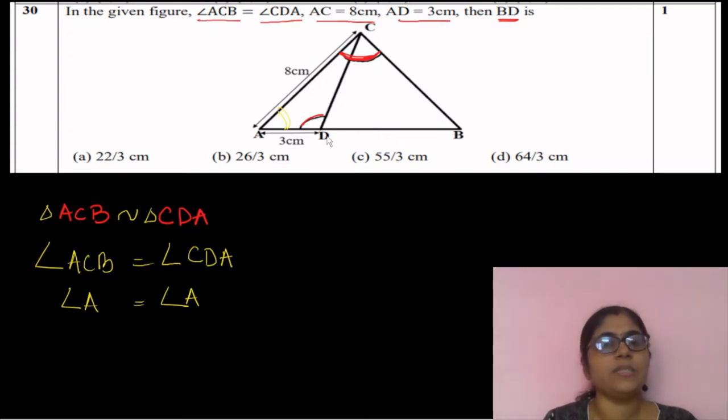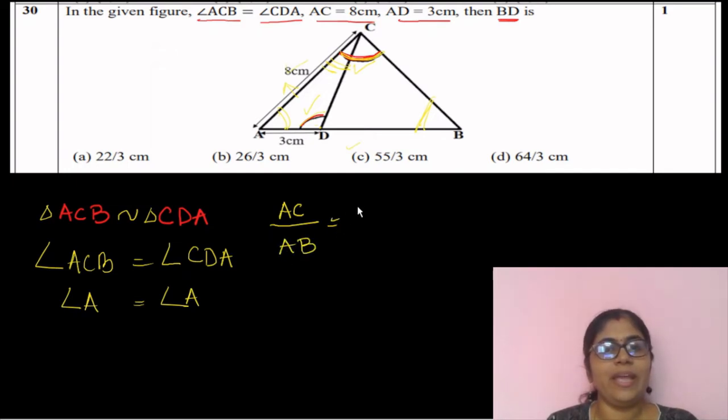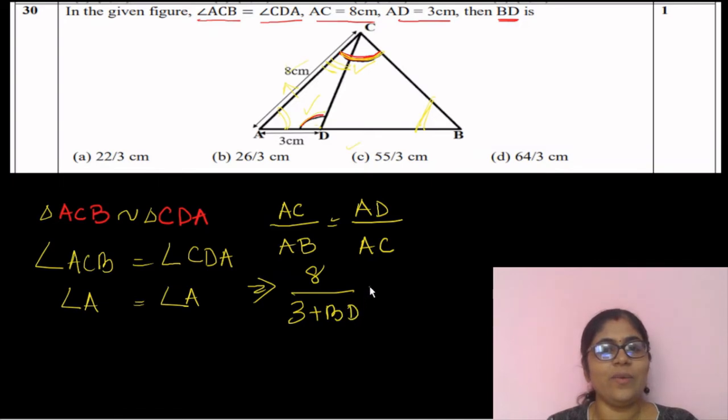So what are the corresponding sides? AC by AB equals AD by AC. This implies that, what is AC? AC is 8, divided by 3 plus BD, equals 3 by 8.